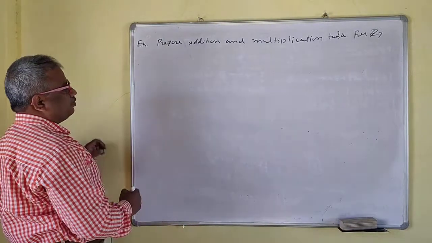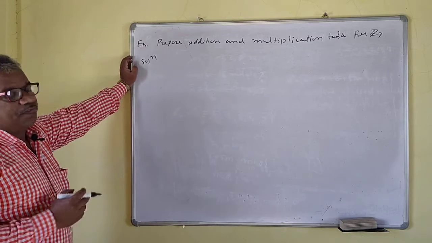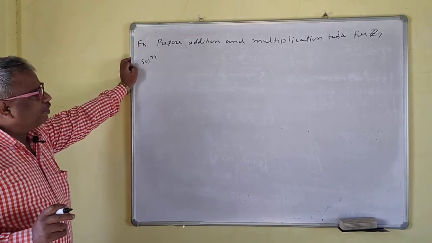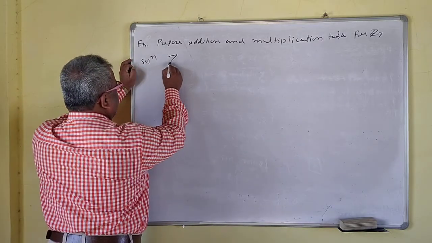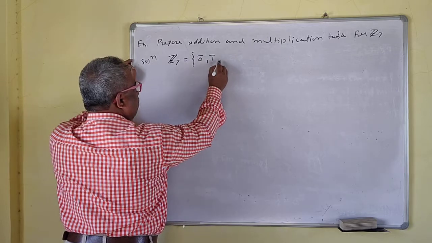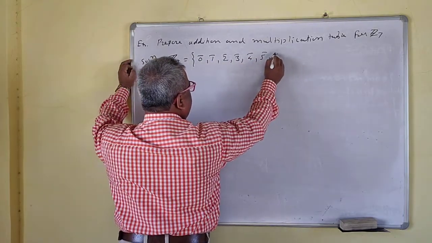Okay, so solution. A question will be asked like this: prepare the addition and multiplication table for Z7. So it is very easy. First we will write Z7. Z7 means 0 bar, 1 bar, 2 bar, 3 bar, 4 bar, 5 bar, 6 bar, not 7 bar.